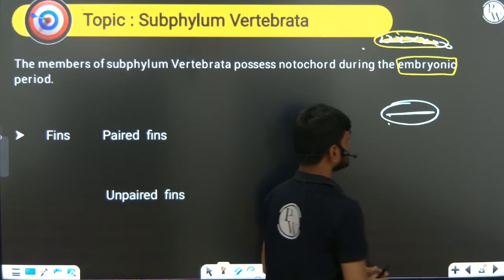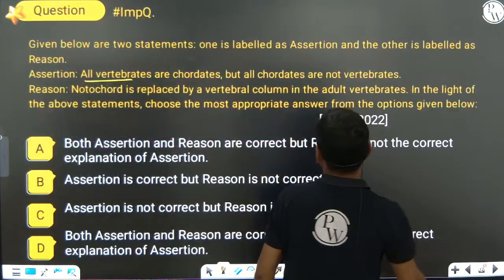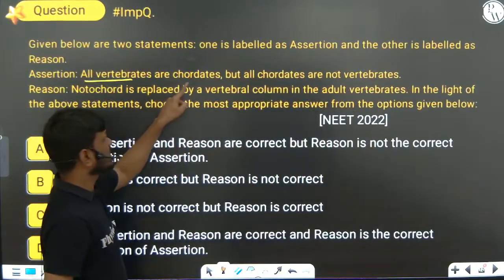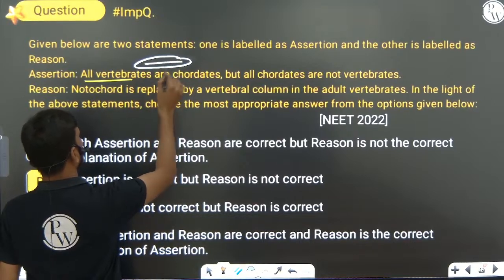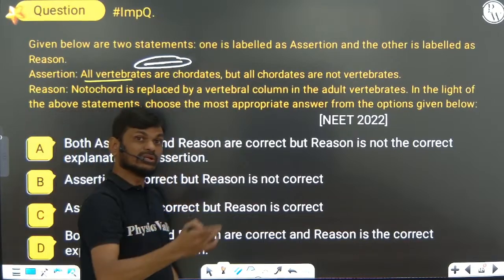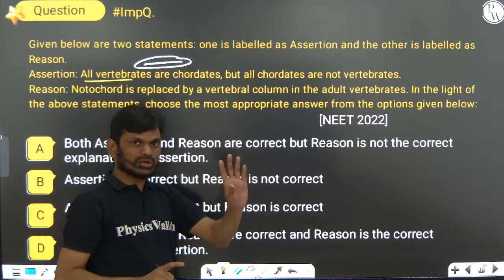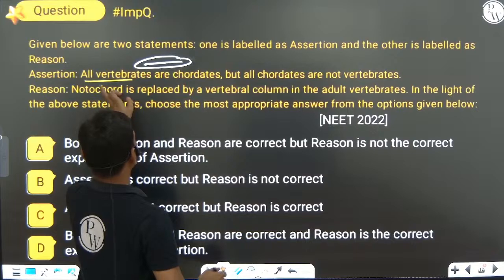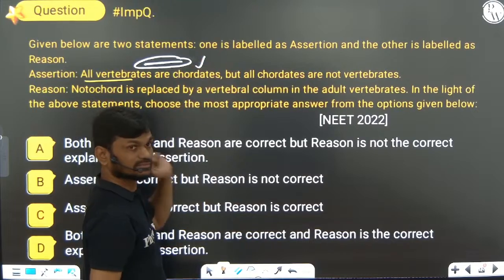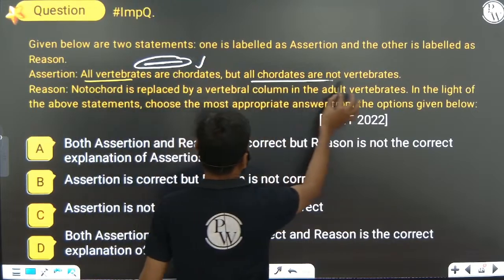So all vertebrates are chordates, right? But all chordates are not vertebrates.